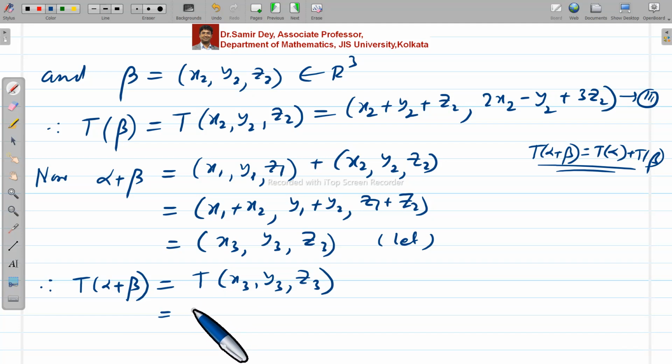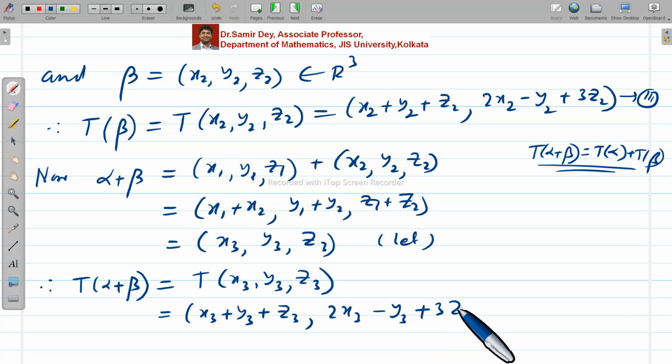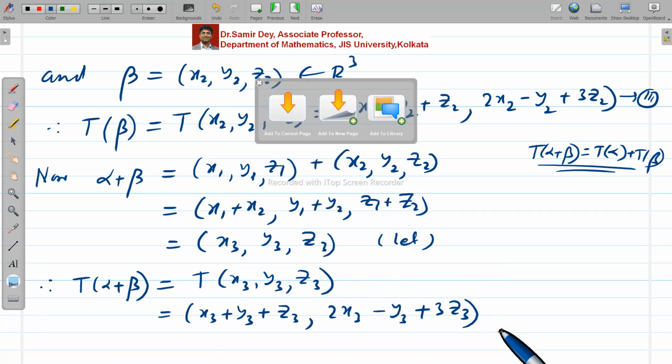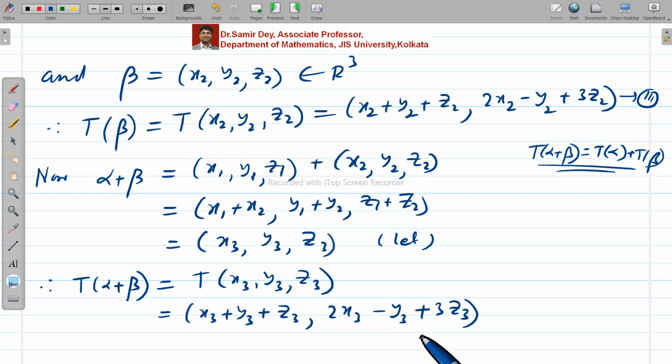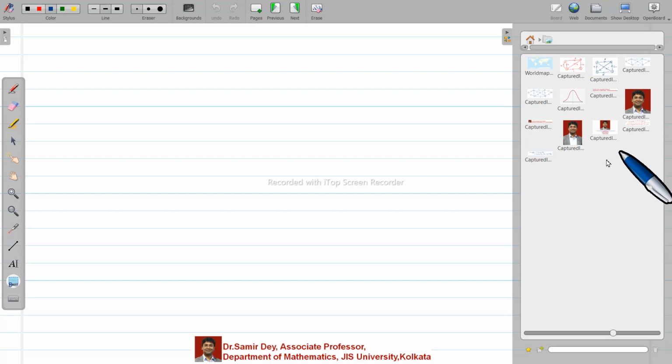So ultimately you have (x3 + y3 + z3, 2x3 − y3 + 3z3). I think it is clear to everyone. Is it clear? Now we have to expand it. How to expand it? Please listen carefully.